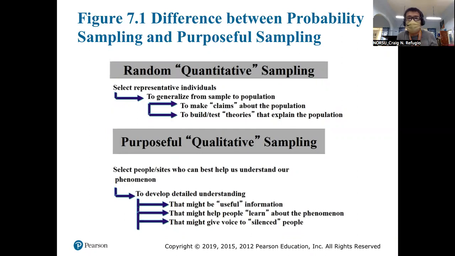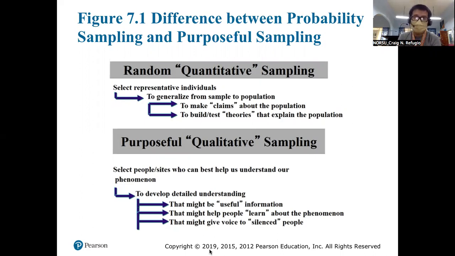So random quantitative sampling: select representative individuals to generalize from sample to population, to make claims about the population, to build or to test theories that explain the population characteristics. So those are actually the main targets of quantitative sampling design, in a random perspective.